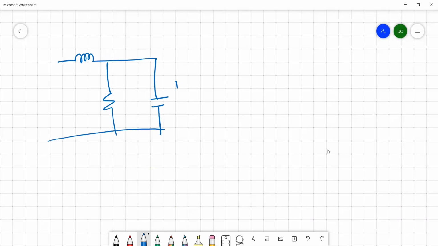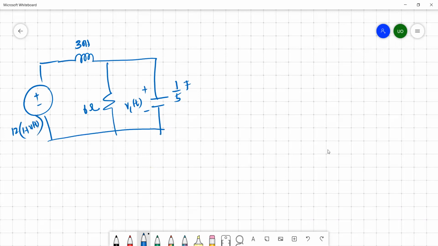This is 1/5 farad, plus minus VC(t). This is 6 ohm. This is 30 Henry and a source of 12(1 plus u(t)) volts.